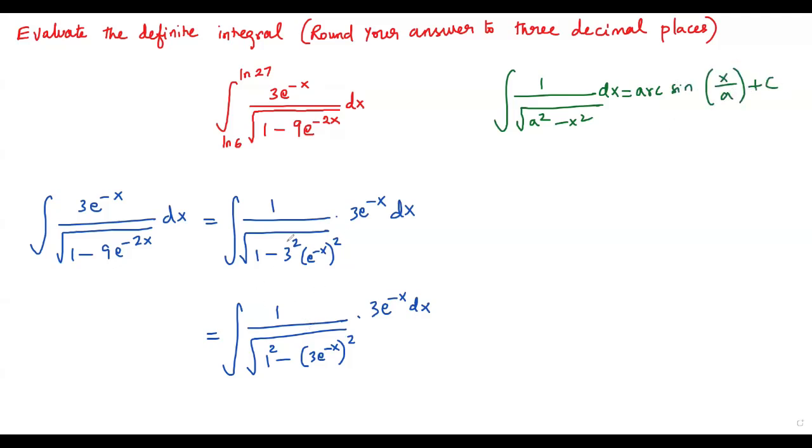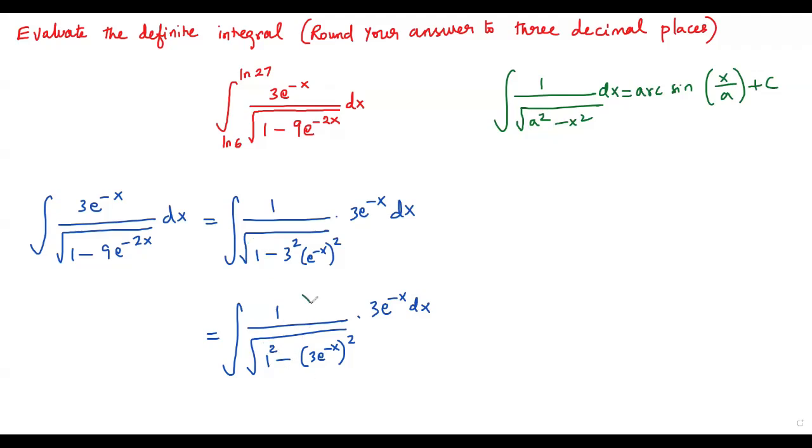So in order to get this integration in this form, I wrote this 9 as 3 square and this e to the power of negative x as e to the power of negative x whole square. Finally, I wrote this one as 3 times e to the power of negative x whole square. And also I need a square. So here we have 1, but the 1 should be written in the form of a square. That's why I've taken square for this one, but still it is equal to 1.